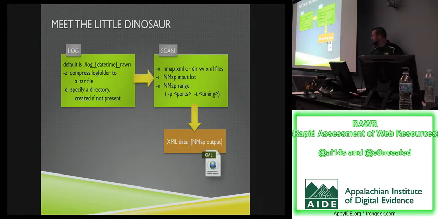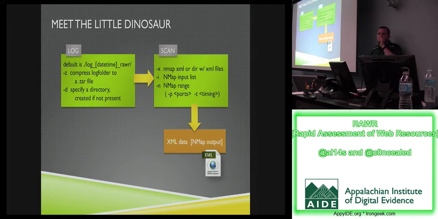So the way RAWR works, we're going to get into the flow of how we do things. The first thing you want to think about is the logging, because RAWR is designed to take you from the discovery phase, actually doing the discovery for you. Remember, we talked about Nmap, being able to find the hosts, tell you what's open, through service versioning, which is the -sV in Nmap.